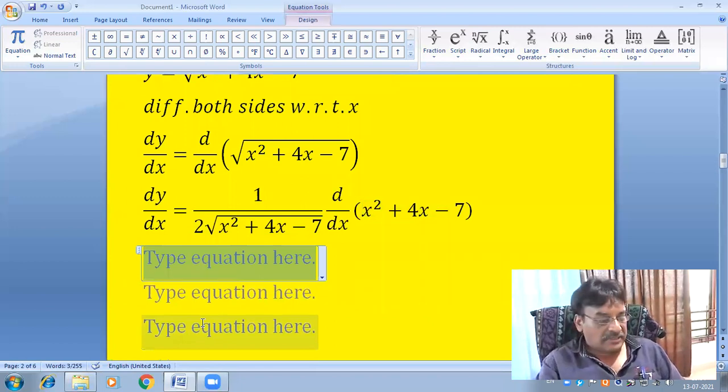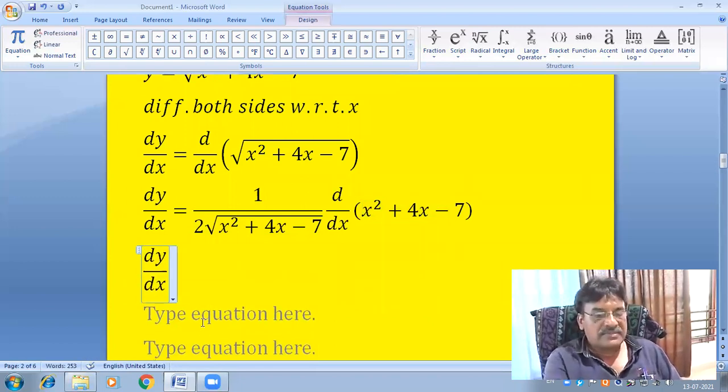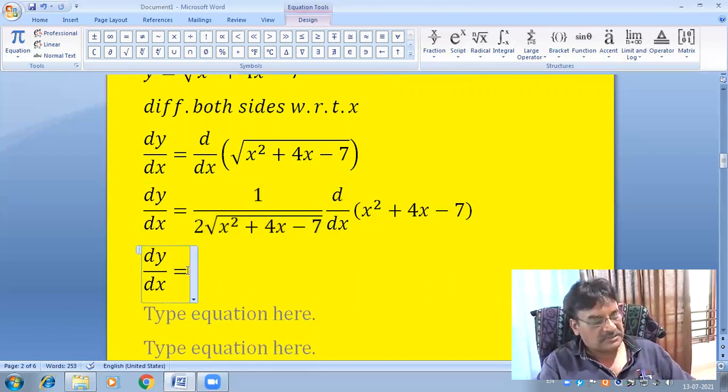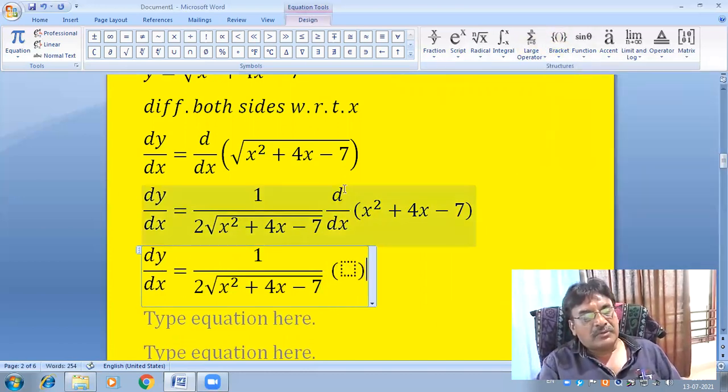Therefore dy by dx is equal to 1 upon 2 under root x square plus 4x minus 7 as it is, into the derivative of this function, that is d/dx of x square plus 4x minus 7. Here we use the addition and subtraction rule.